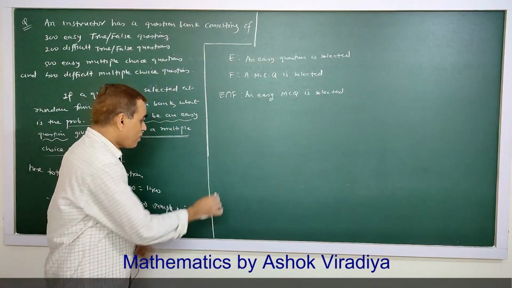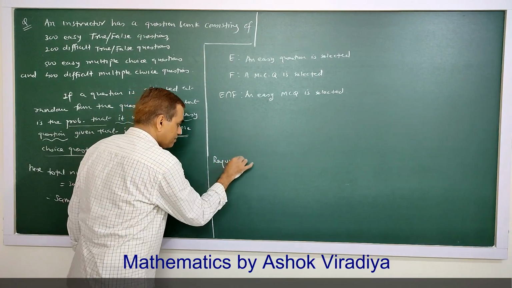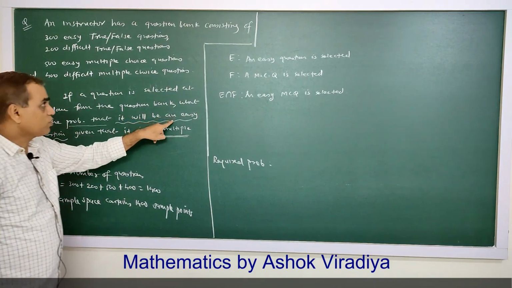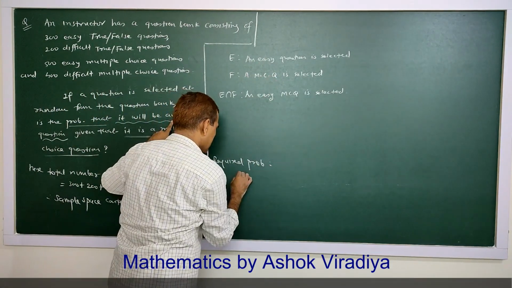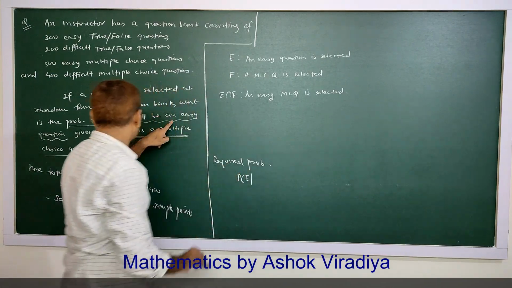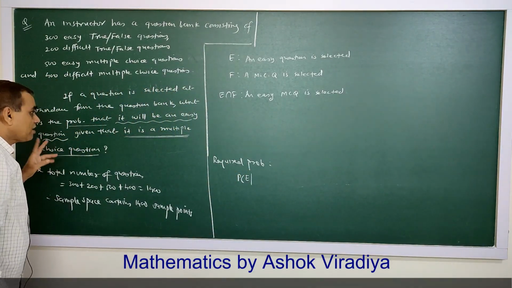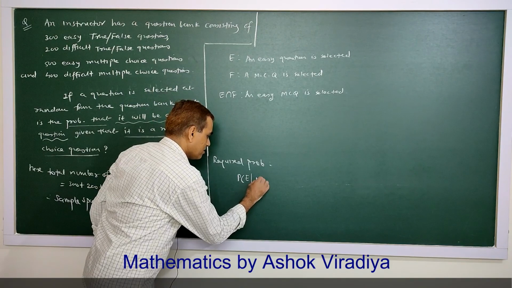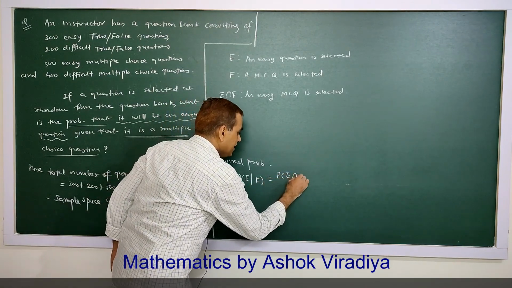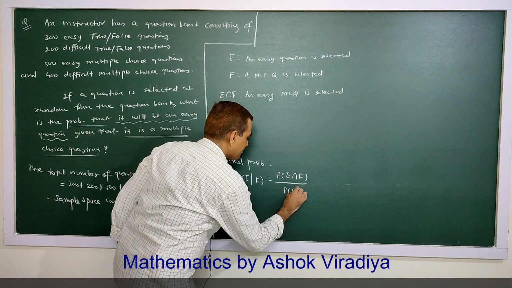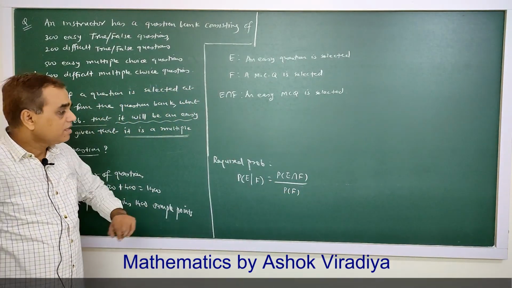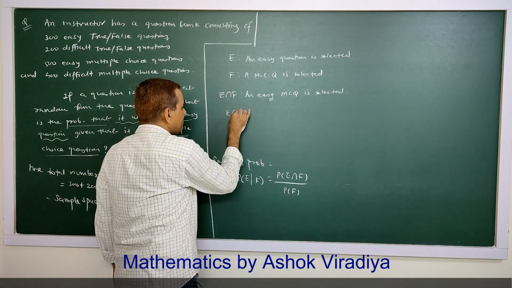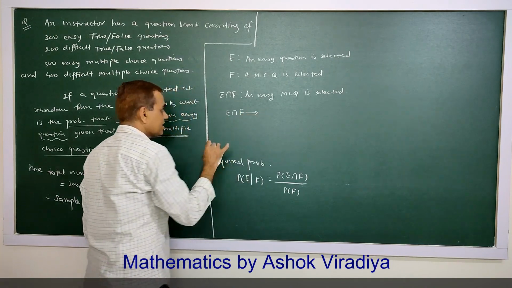Now see, here required probability is probability of easy question, that means probability of E, given that it is MCQ, so F, that is P of E intersection F upon P of F. Now see, here E intersection F contains how many elements?